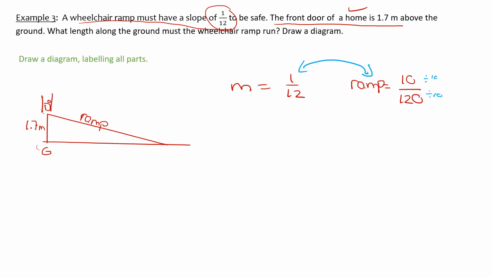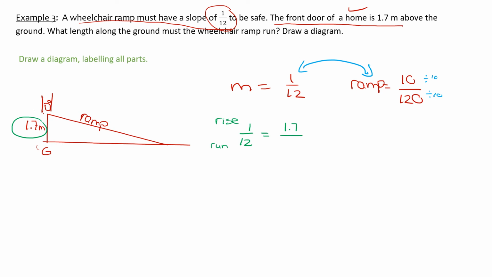So we're going back to what we know about proportions. 1/12 has to equal something. The top number is the rise, the bottom number is the run. We know we have to have a rise of 1.7 because that's how high our front door is.